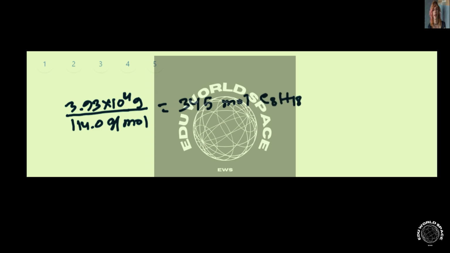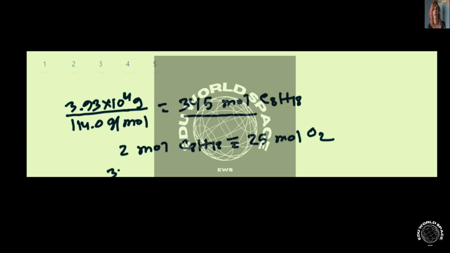So we have to find out how many mole of oxygen we need to burn 345 mole of octane. Now we have already seen that 2 mole of octane is burned by 25 mole oxygen.